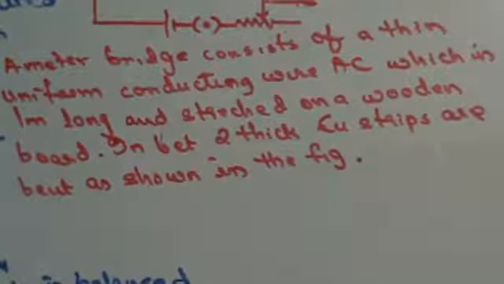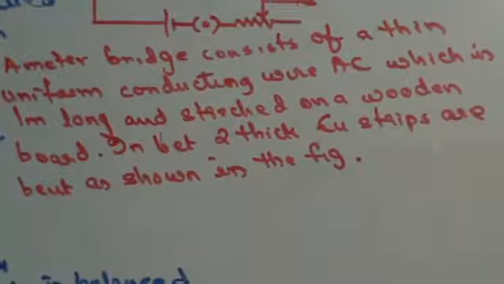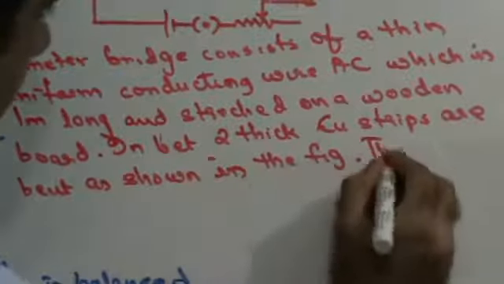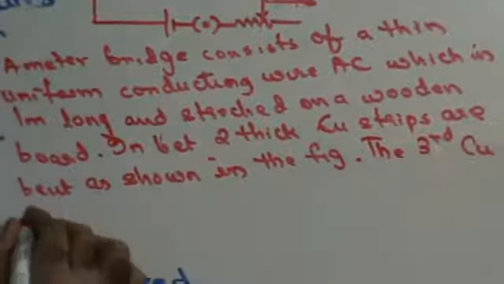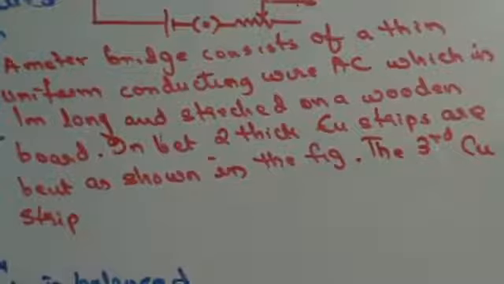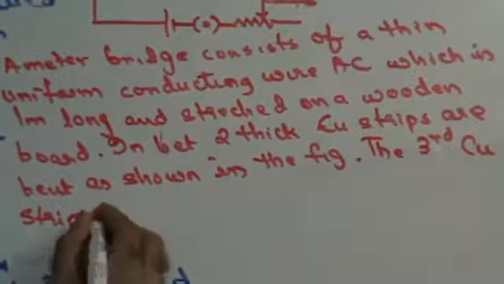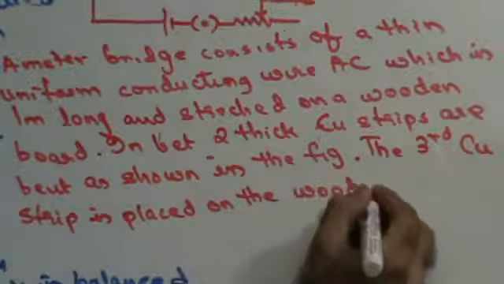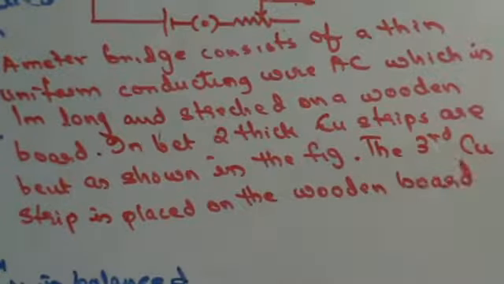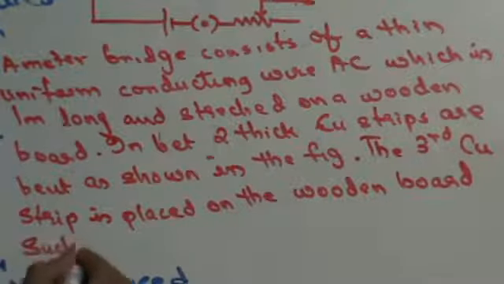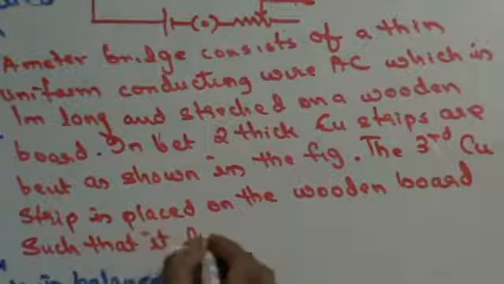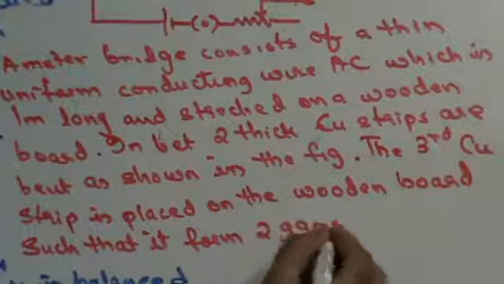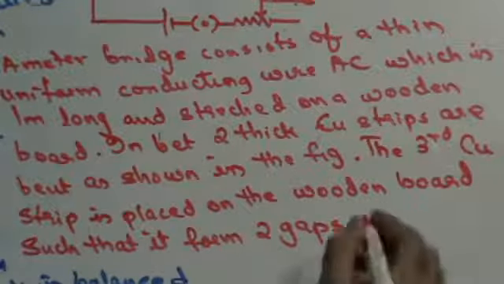The third copper strip is placed on the wooden board such that it forms 2 gaps with the 2 copper strips.